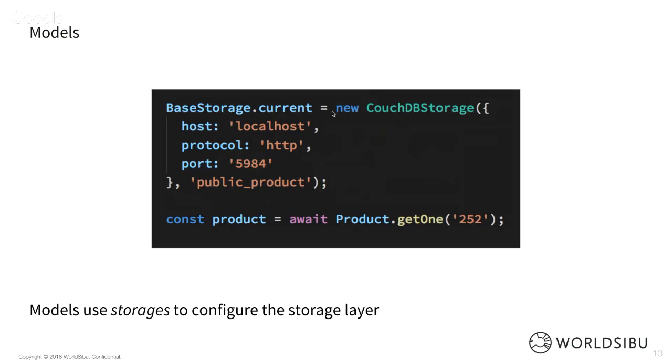But for other purposes, for example backend querying, you can set up the CouchDB storage. Each storage has its own configuration. For example, this one for CouchDB needs the host, the protocol, the port, and the database that you want to read. Another storage can have another configuration.